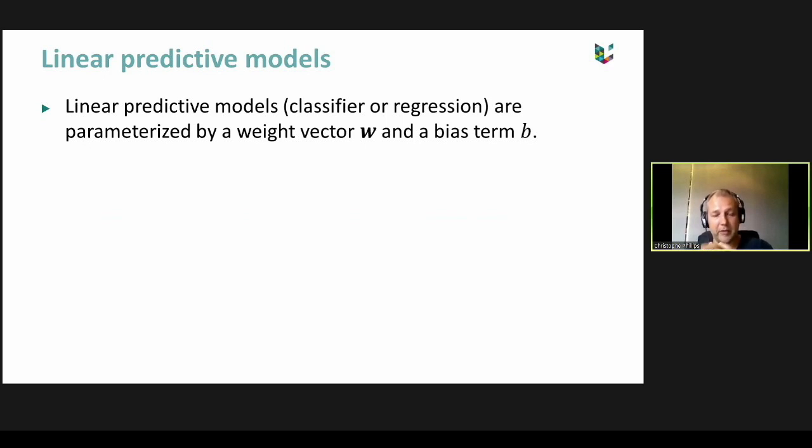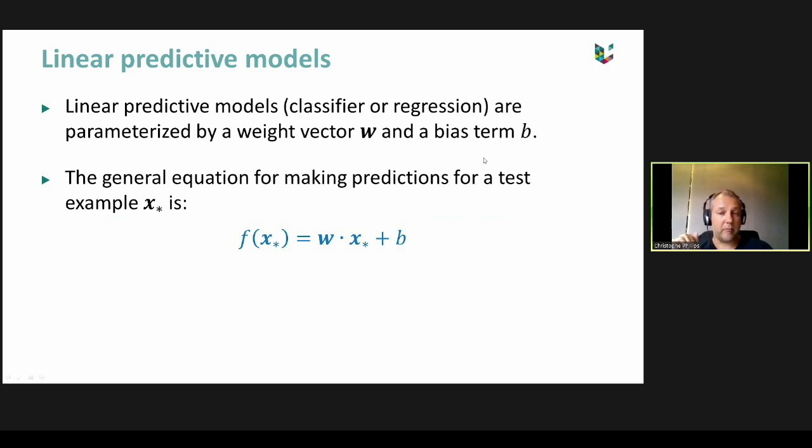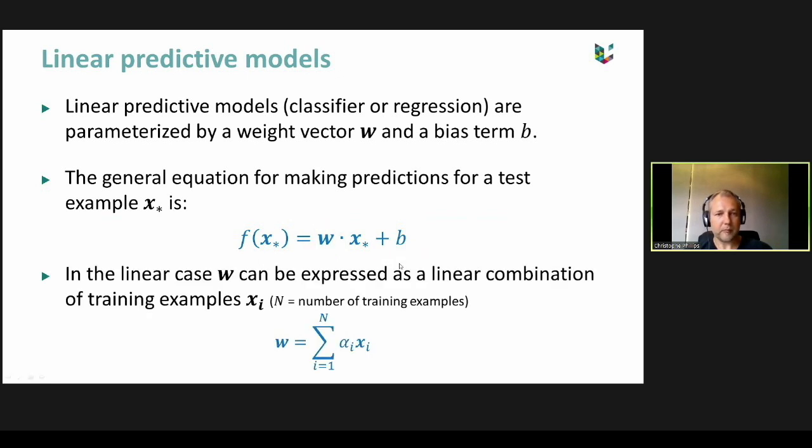What I mean by that is that we usually have lots of features, and therefore we'll be able to represent the whole model by a weight vector and a bias term. The idea is simply that for each sample, you can associate a value that you can calculate, and that value will depend on the weight vector and the bias term that you're using.